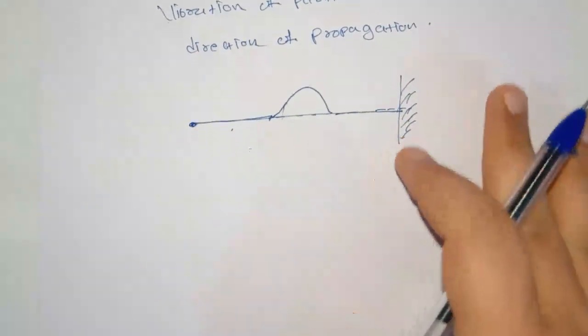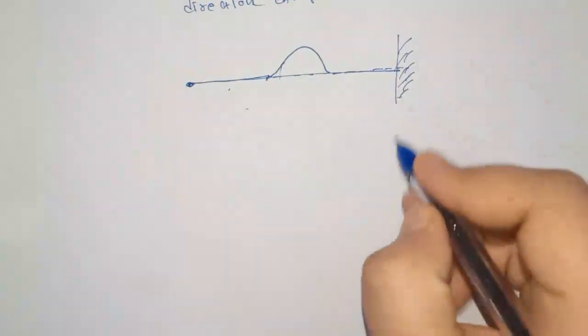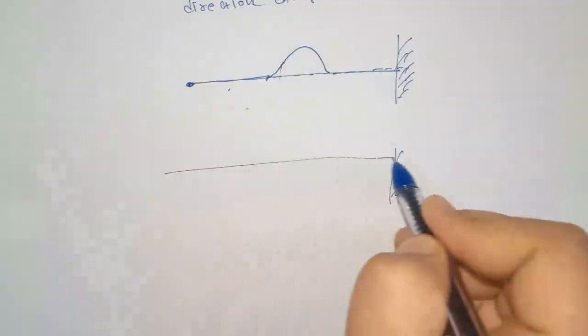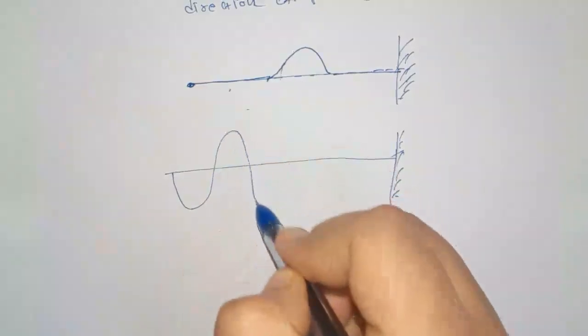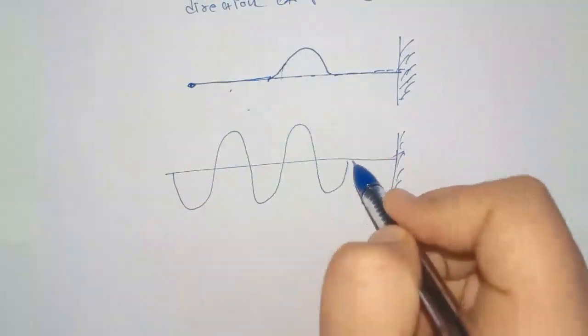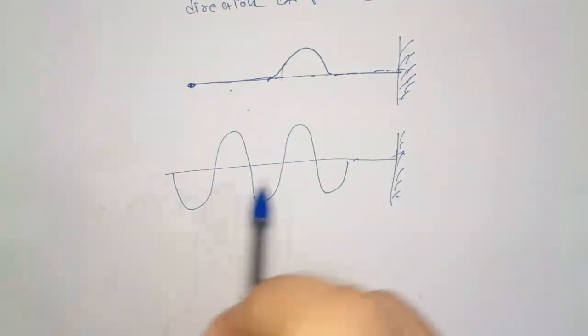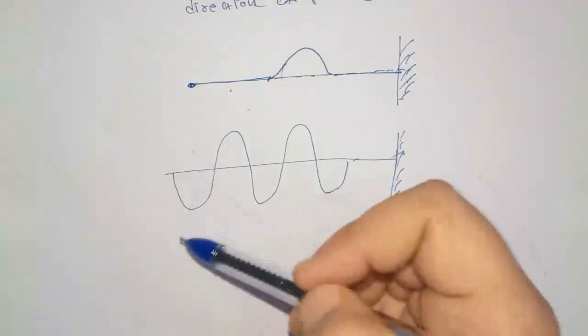But if we continue the periodic up and down jerks, then this kind of situation will be created. This disturbance moves from left to right, but the particles of the string oscillate up and down.